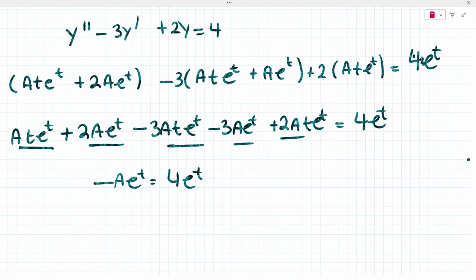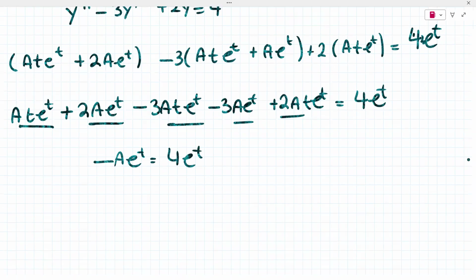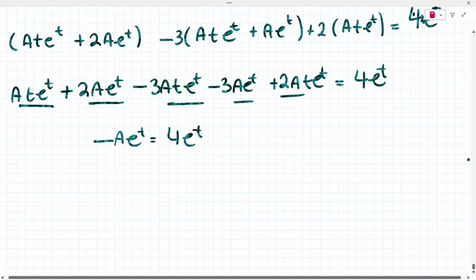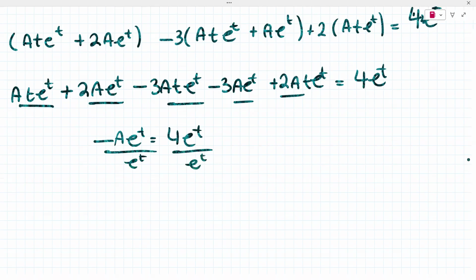So when you collect all this, you're going to get negative a e to the t, and then solve for a. You're going to get rid of this e to the t by dividing both sides by e to the t. So you get negative a equals 4. And then get rid of this negative 1 by dividing both sides by negative 1. You get a equals negative 4.